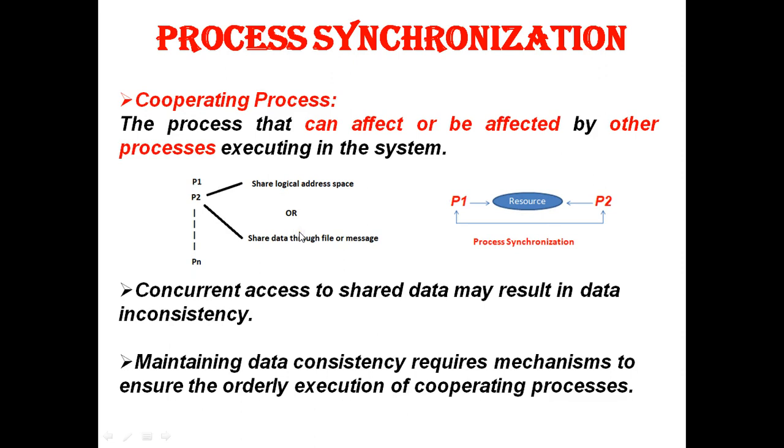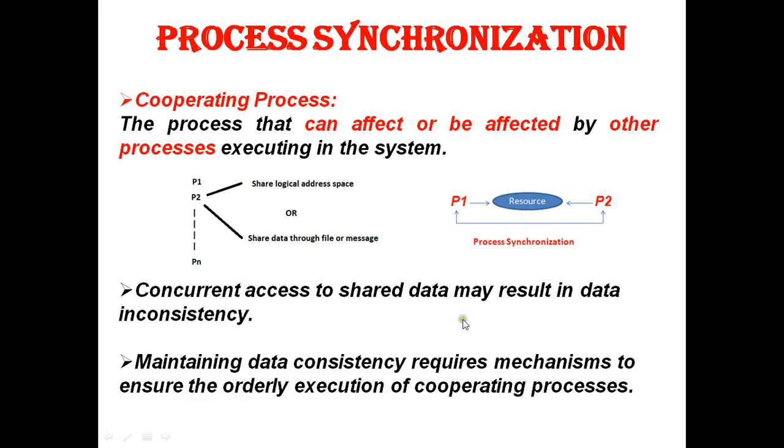Say there is a resource which should be shared among process P1 and process P2, and these two processes cannot access the same resource at the same time, because concurrent access of the shared data may result in inconsistency.